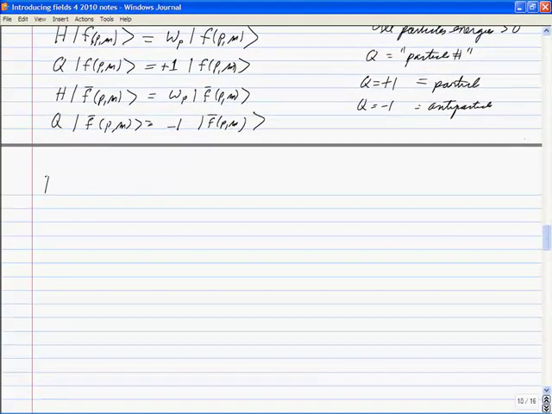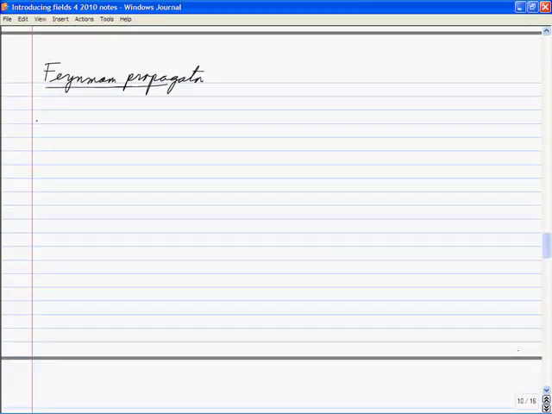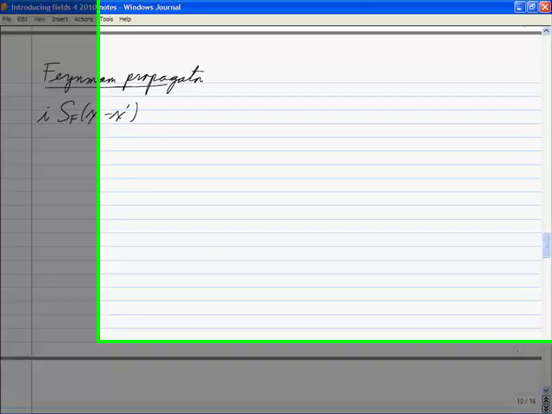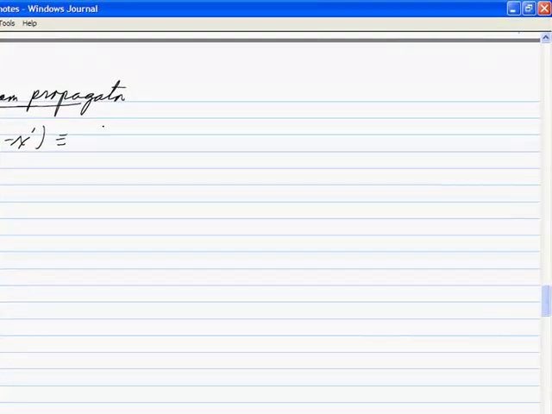Last thing I have to do for this is I have to give you the Feynman propagator. And there's just a few little wrinkles associated with this. Here the Feynman propagator, which we'll end up using in perturbation theory, is a function of x minus x prime. It's traditionally called S_F for the fermions. I have no idea why.